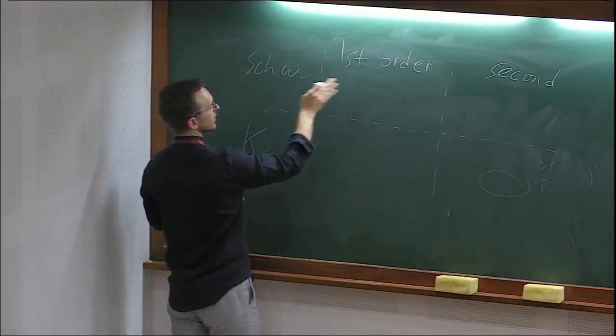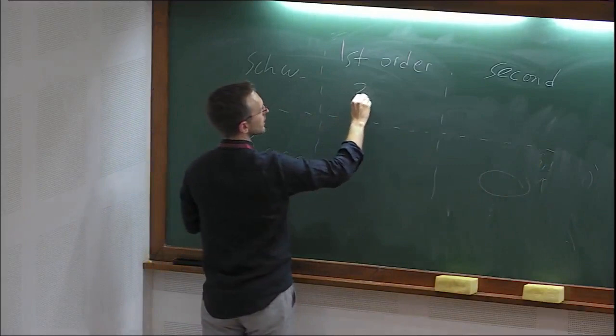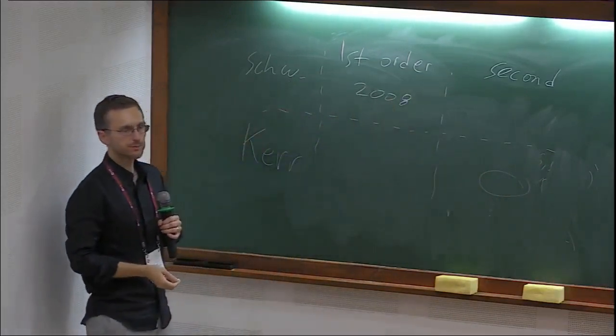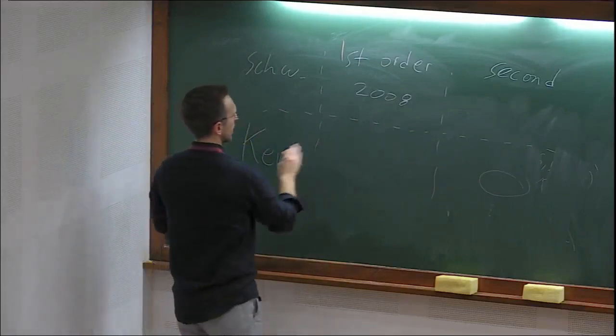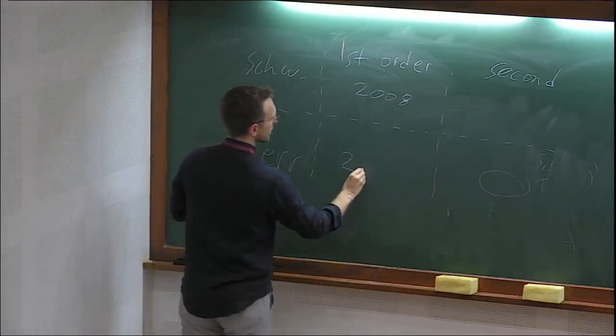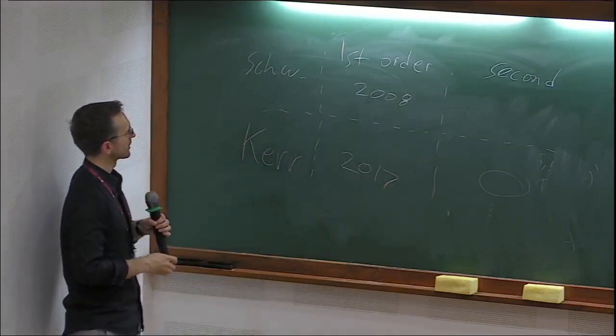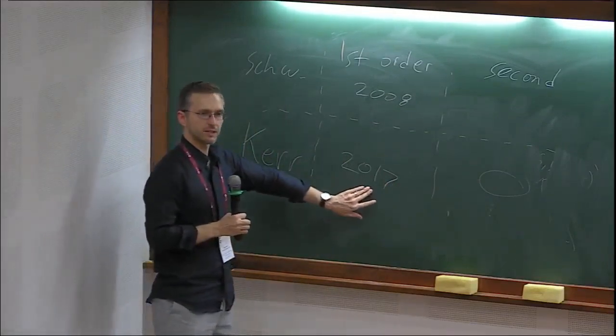So getting first order calculations in Schwarzschild, this happened in 2008 for generic orbits in Schwarzschild. In Kerr, we now have generic calculations at first order as of 2017.